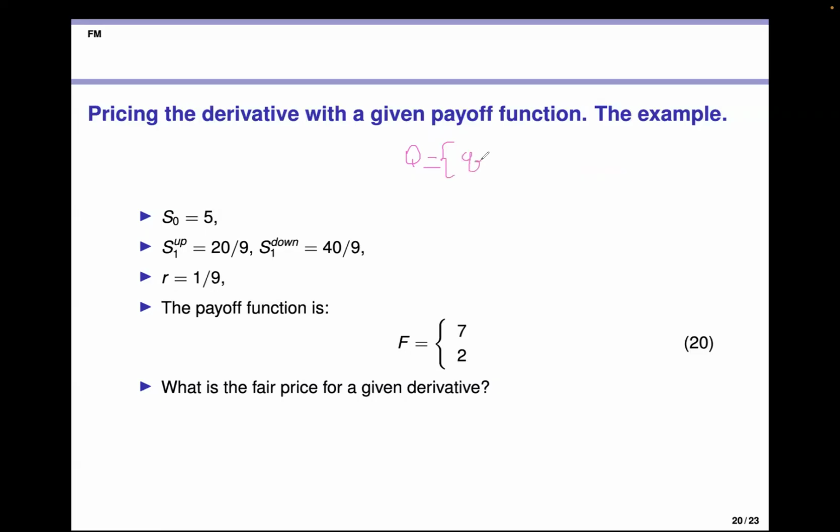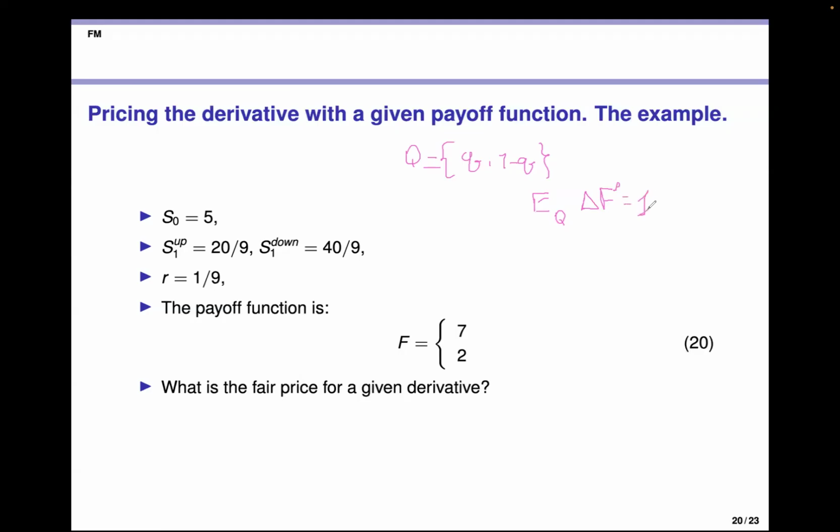measure, risk neutral Q and 1 minus Q, which provides that the mathematical expectation with respect to Q of this discounted profit equals 0.